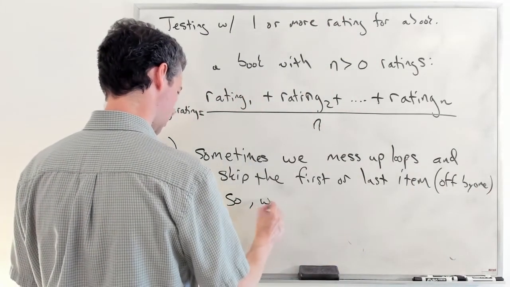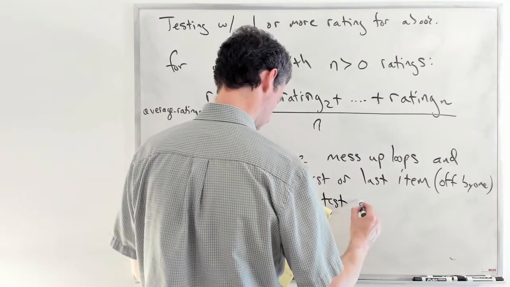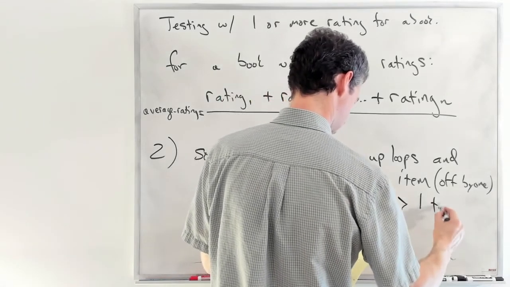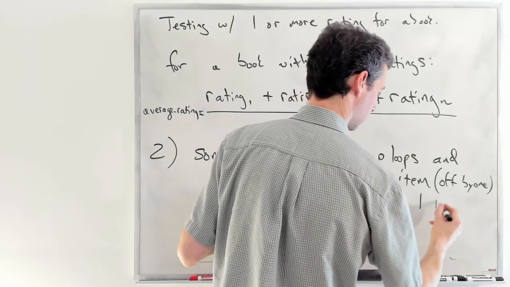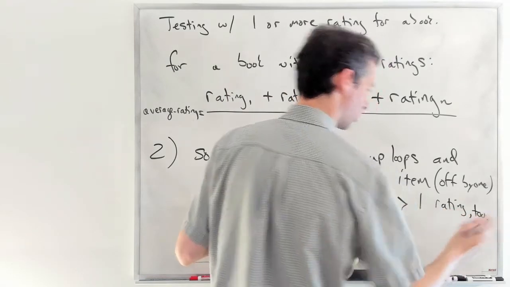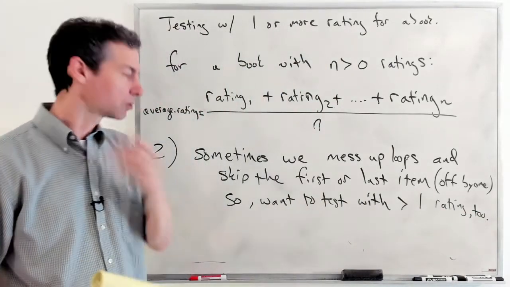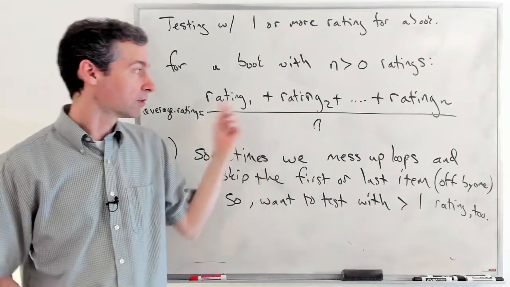So we want to test with greater than one rating, two. We want to be sure that we've got a couple of ratings so that we can catch, ooh, could we possibly make this mistake of missing the first or last in the summation?